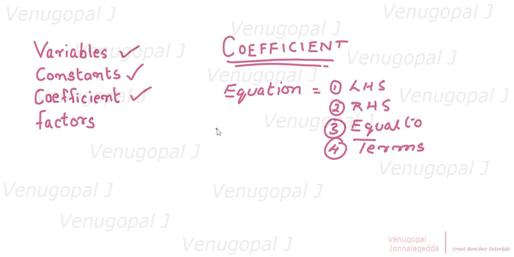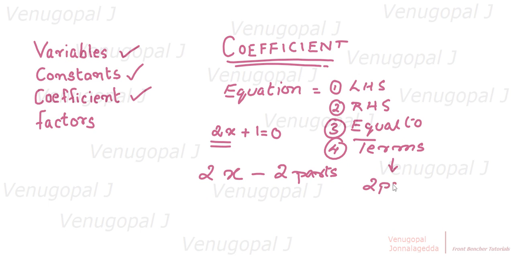So in the last example which we saw, 2x plus 1 is equal to 0, and we have taken this first term, 2x. In this we said there are two parts. It's divided into two parts again. What are those parts? So a term is basically divided into two parts.